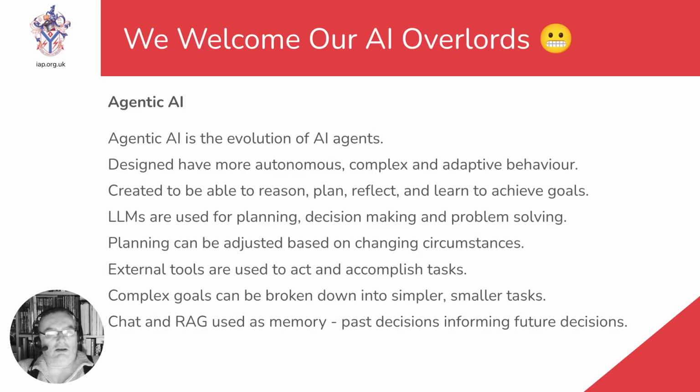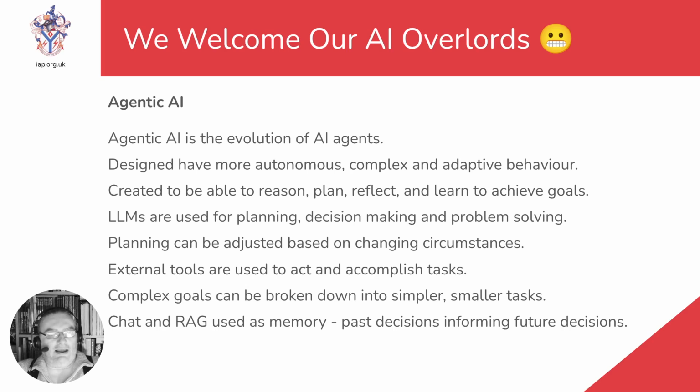Agentic AI are the next evolution of AI agents. They are more sophisticated and more autonomous. Agentic AI is able to reason, plan, reflect, and learn in order to achieve goals. Agentic AI can have a large number of dynamically discoverable tools available to them, including other agentic AI and AI agents.